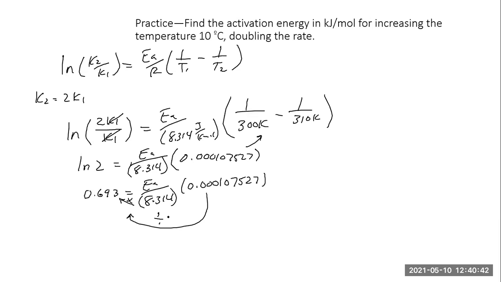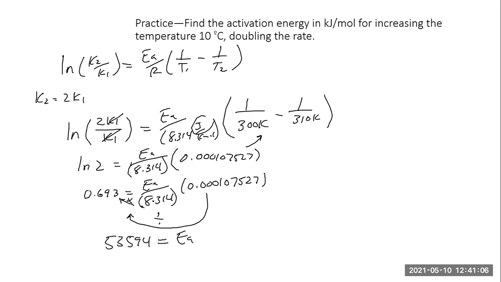If we do that, natural log of 2, which is 0.693, times 8.314 divided by 0.00010757, is going to get us about 53,594 for the activation energy.